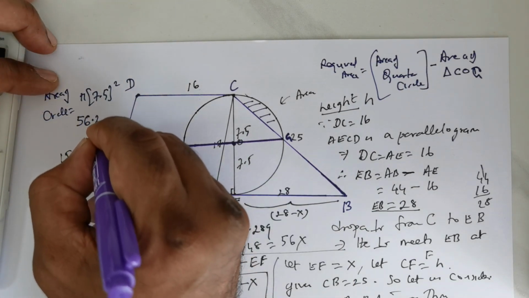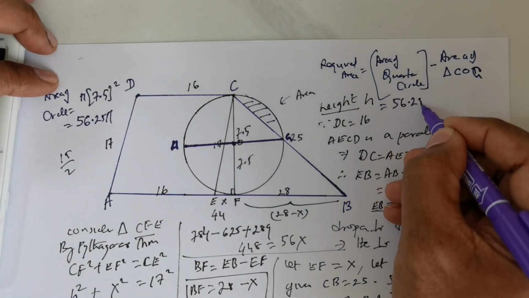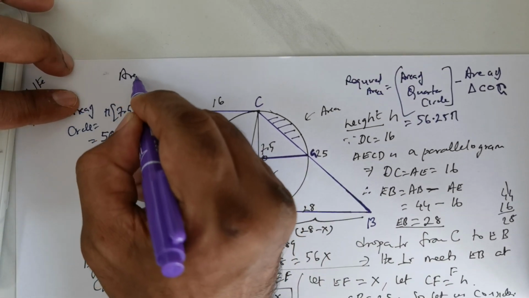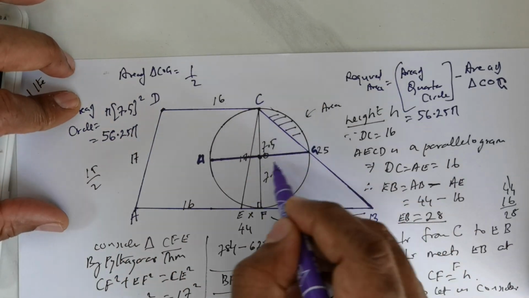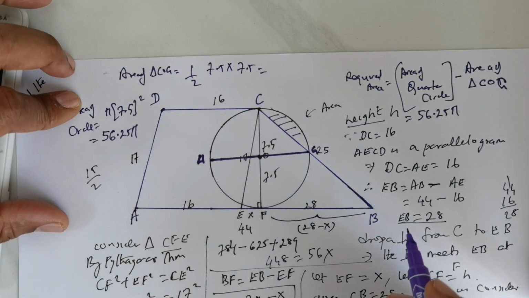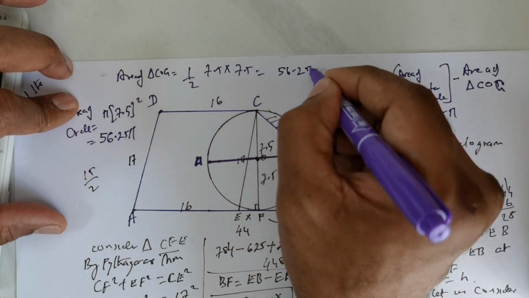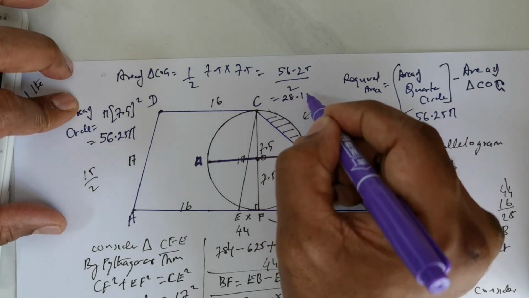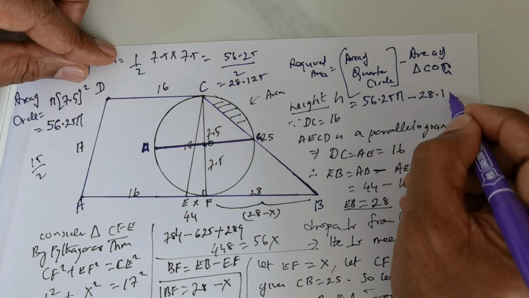So I have 56.25 pi at one end, and the area of COG. So let me do that. Area of triangle COG is equal to half times base into height. The base is 7.5 and the height is 7.5. So I'm getting here 56.25 divided by 2, which is going to be 28.125. So take that out, 28.125.